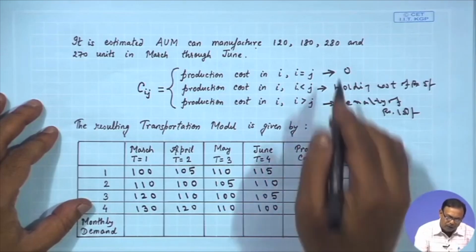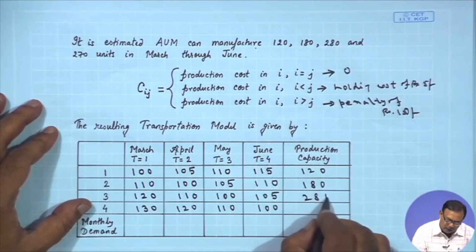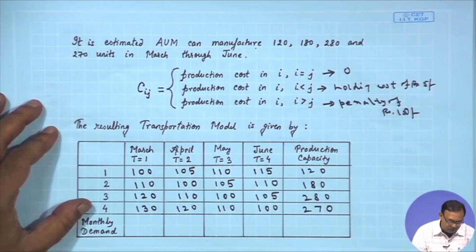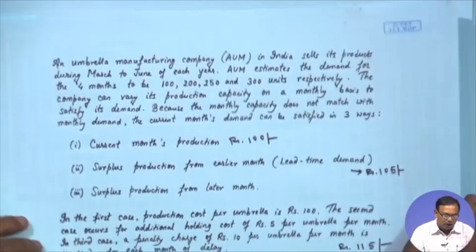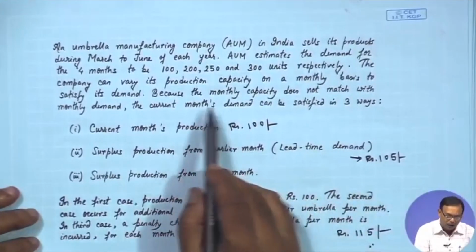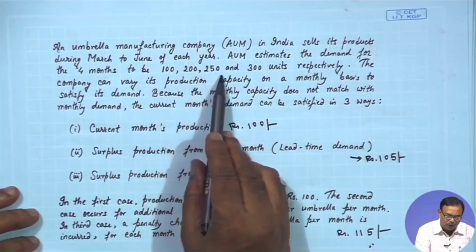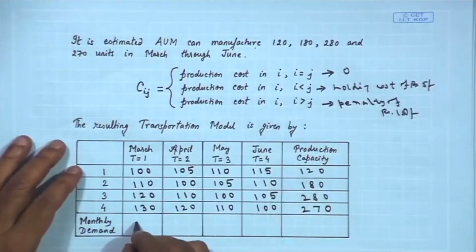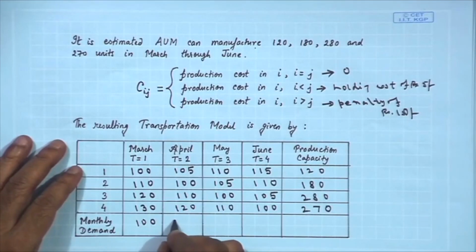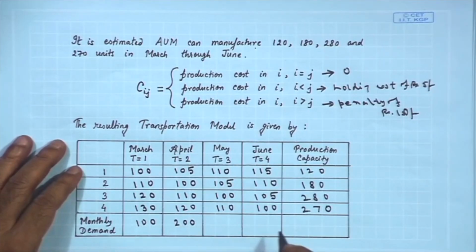Whereas, the monthly demand you can obtain here. We have already told what the monthly demand is. Monthly demand is 100, 200, 250 and 300.